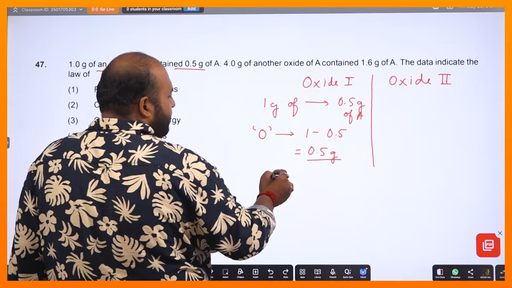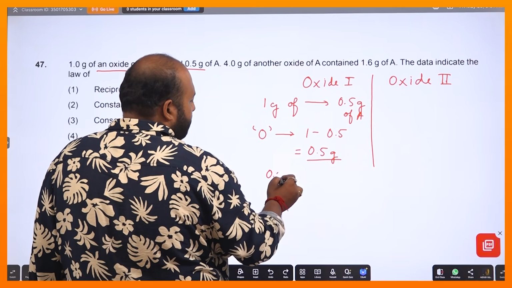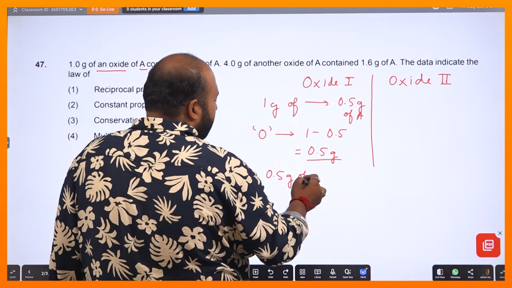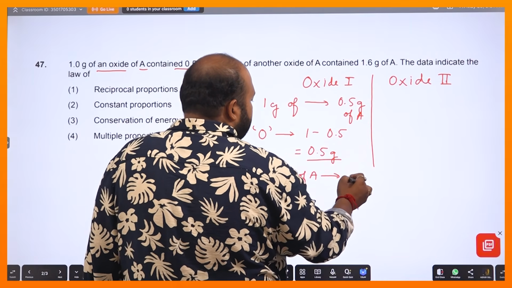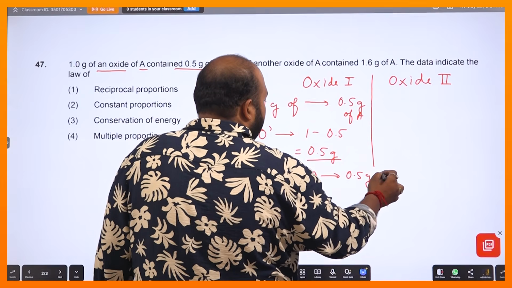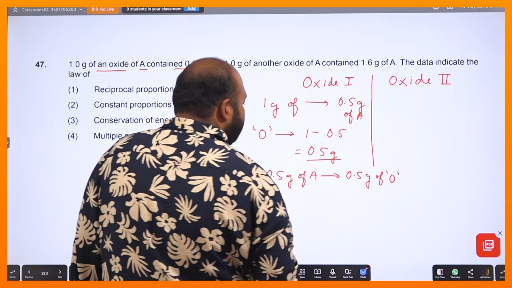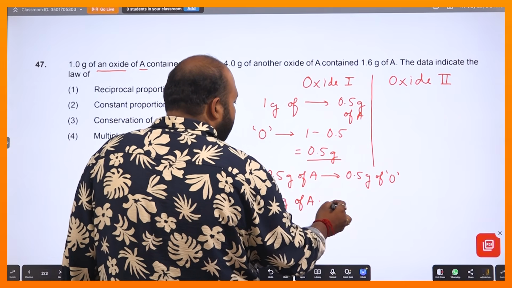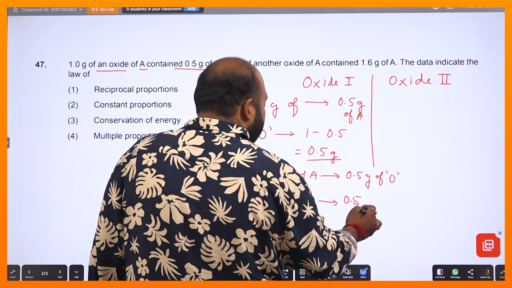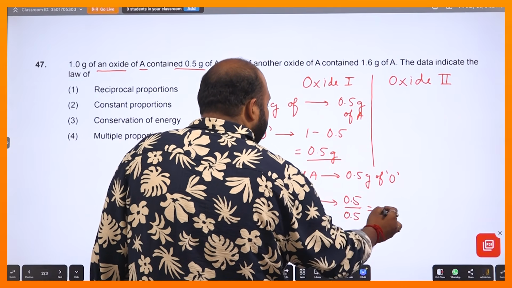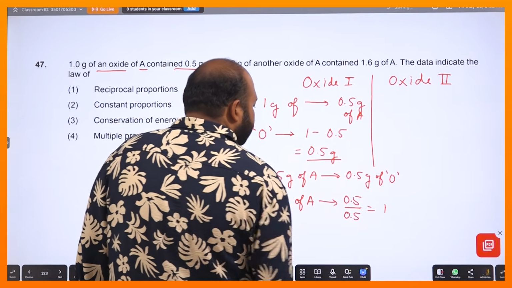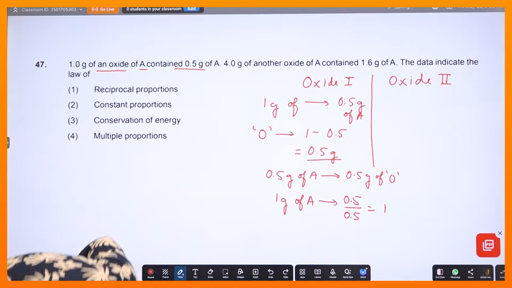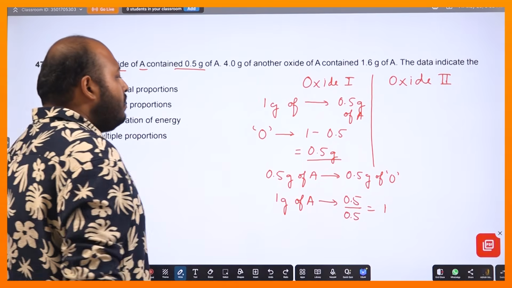So for 0.5 gram of A, it contains 0.5 gram of oxygen. Then for 1 gram of A, it will be 1.